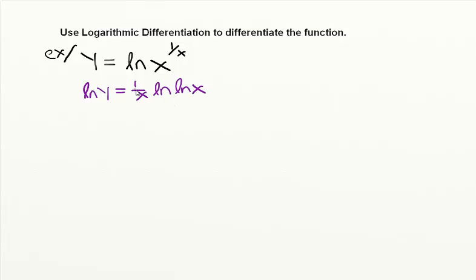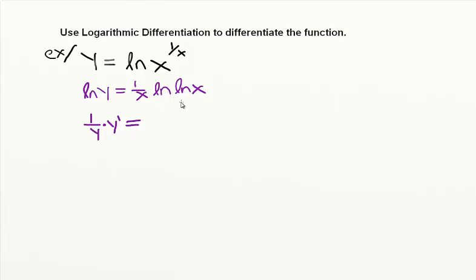And now we have two things multiplied together on the right, so that turns into a product rule, and we'll use implicit differentiation on the left. So when we differentiate the left side with respect to x, we get a 1 over y for the derivative of the natural log of y with respect to y, but then we have to multiply that by the derivative of y with respect to x, which is dy dx, or y prime.